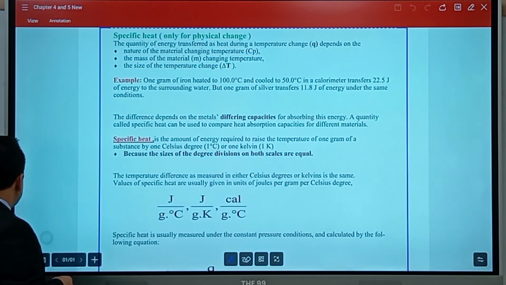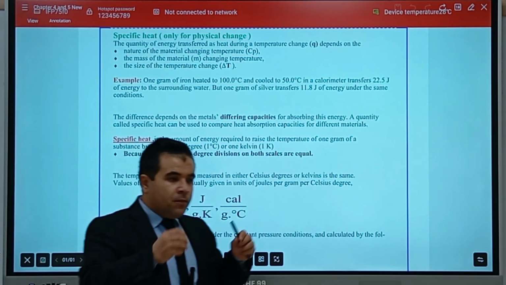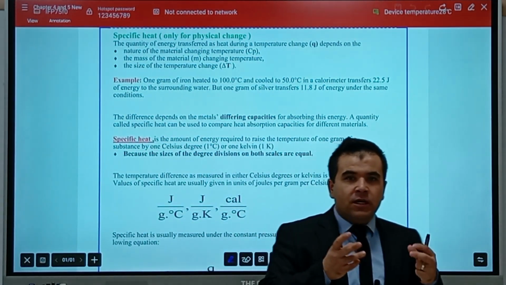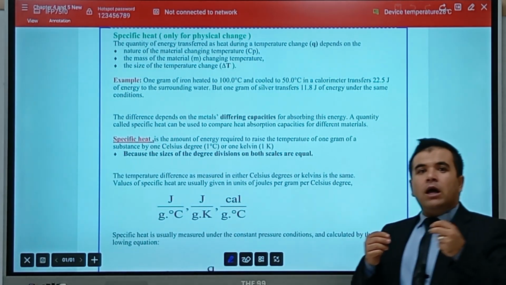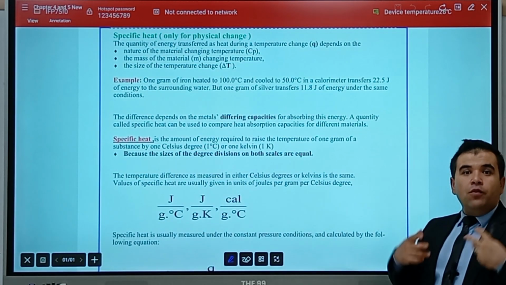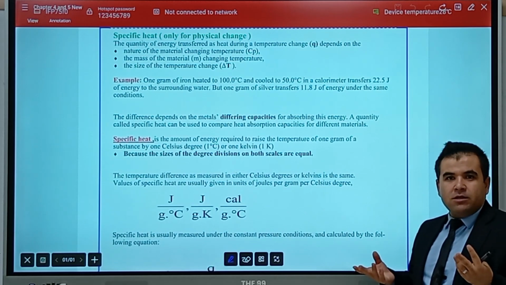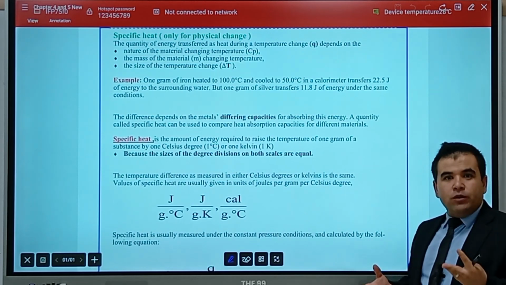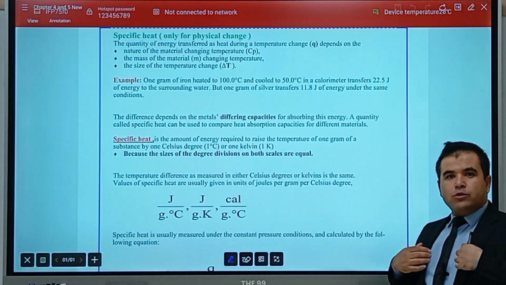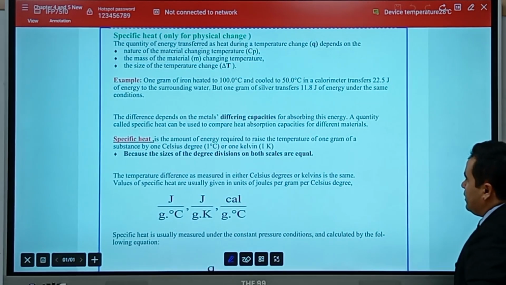Guys, in order to understand how substances react with heat, or the absorption capacities of those substances, and how they absorb and release heat, our book provides an example.